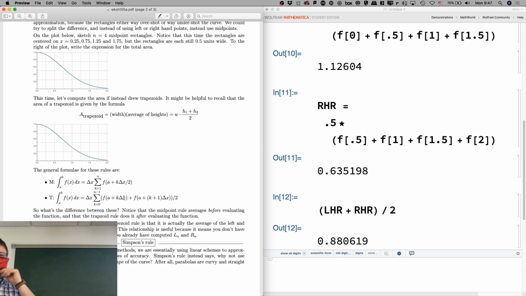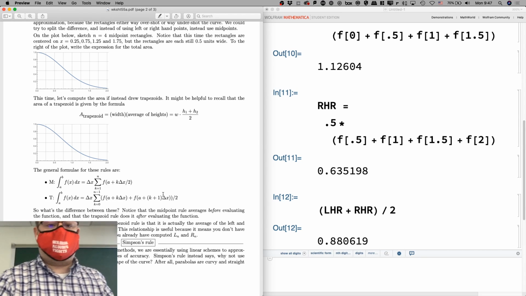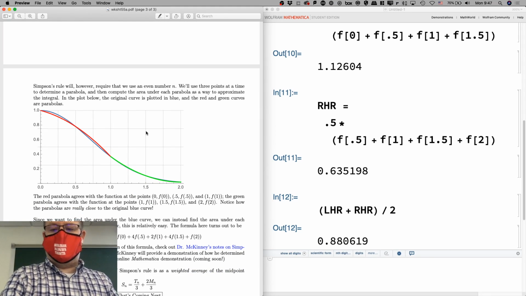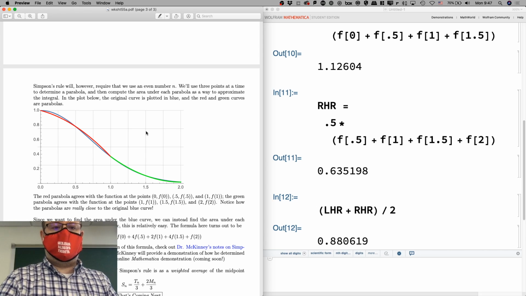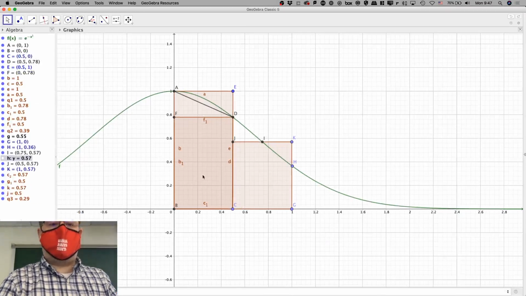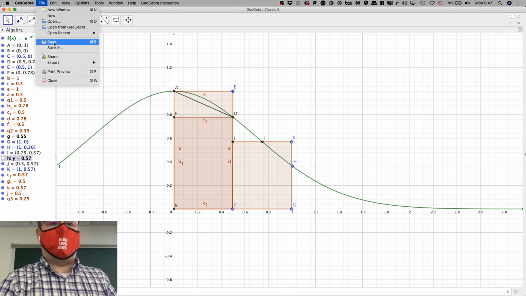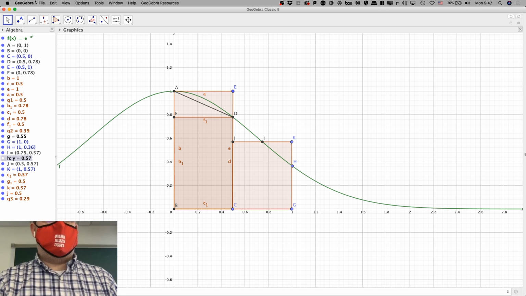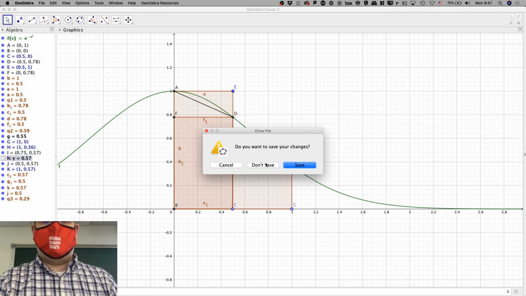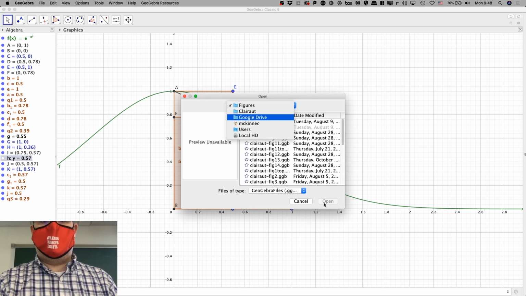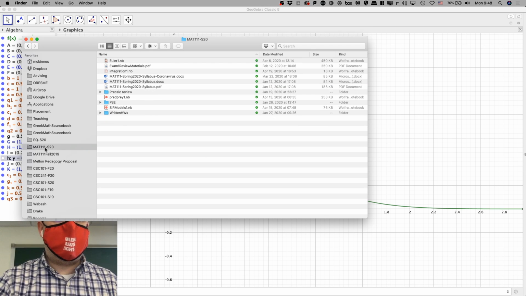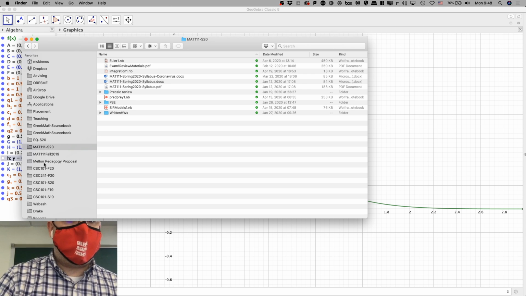All right, let's talk about Simpson's rule, because I think this is the most exciting one. So let me take my curve here, and actually, you know what? Let me open up, let me save this. Oh, wrong directory.